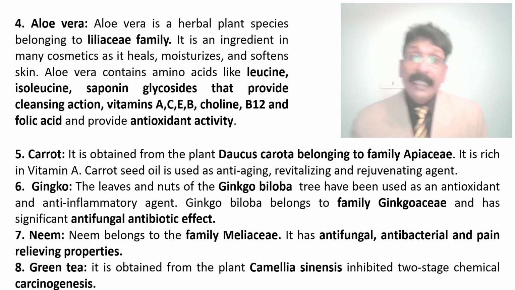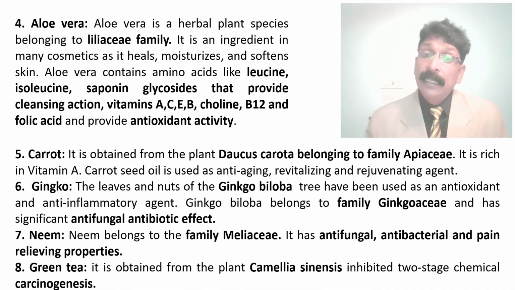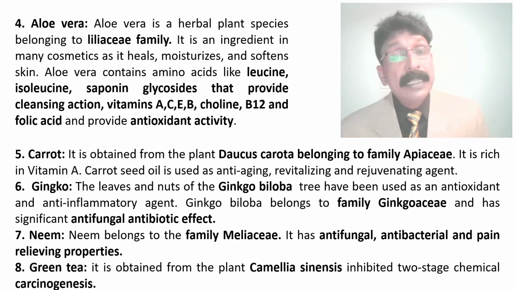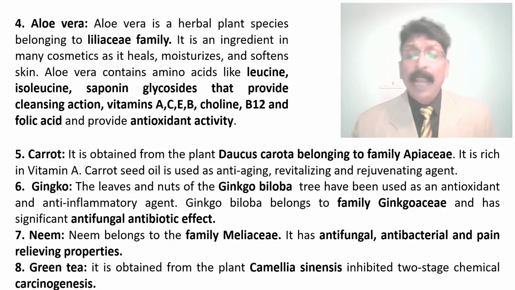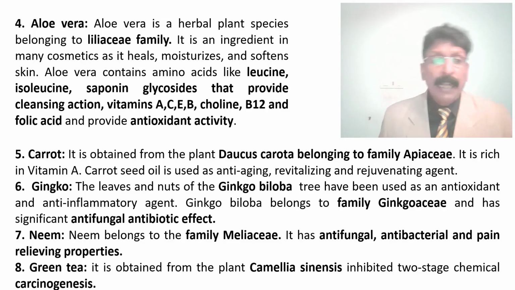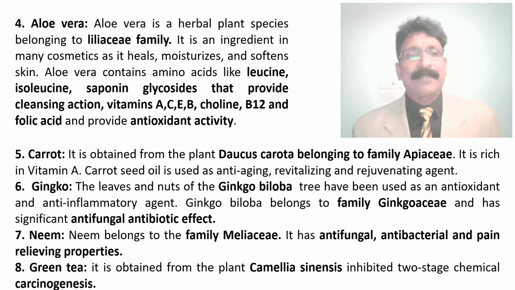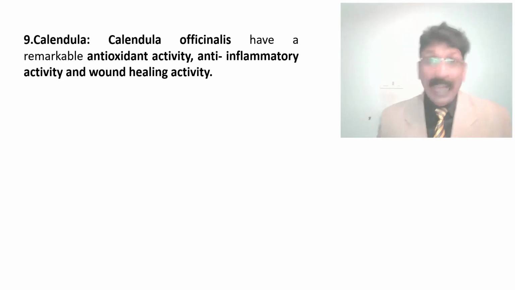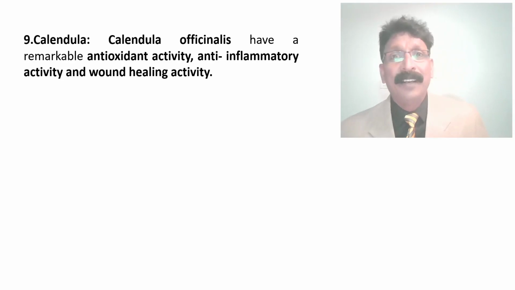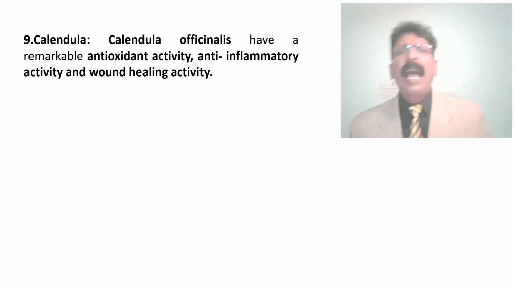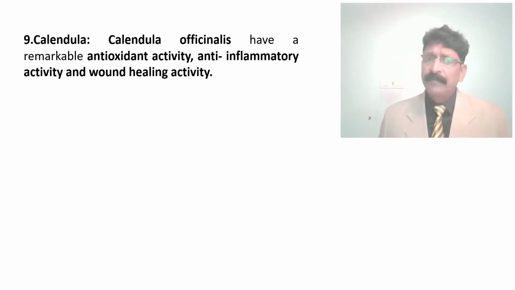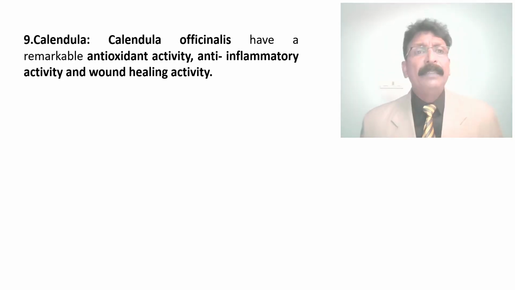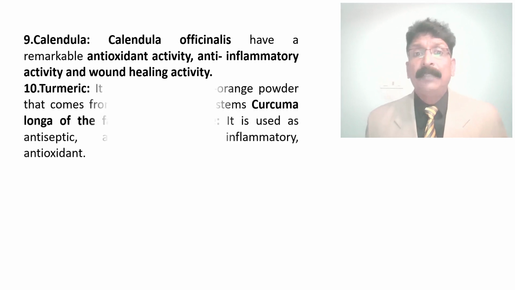Green tea, it is obtained from the plant Camellia sinensis, and inhibited two-stage chemical carcinogenesis. Calendula officinalis, a flower, has a remarkable antioxidant activity, anti-inflammatory activity and wound healing activity.